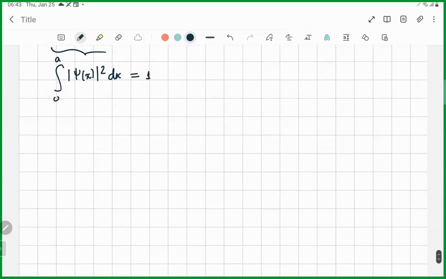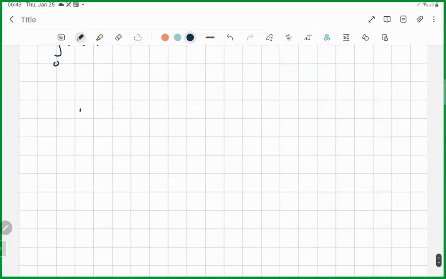Let me write everything that we got. We have the energy with this index n, where n is 1, 2, 3, 4, discrete energy. So we have this energy: n square, pi square, h bar square, divided by 2ma square. And what is the corresponding function?